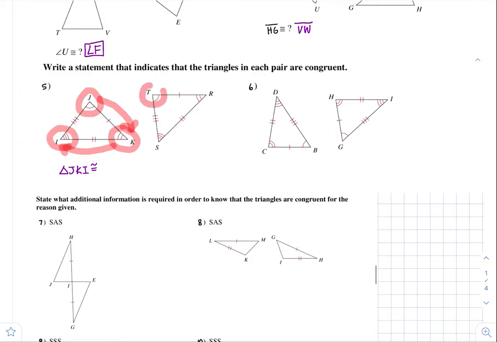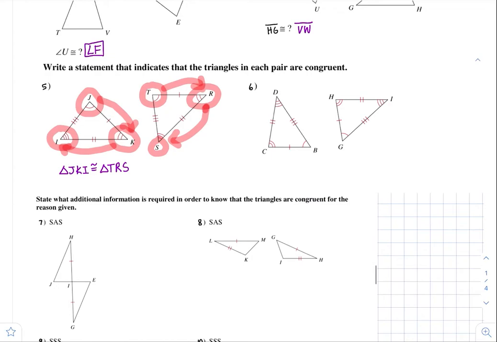Angle J is congruent to angle T. So triangle T, and then the one that has two arcs is this one. So angle K is congruent to angle R. And then which one has the three arcs? That's angle S.